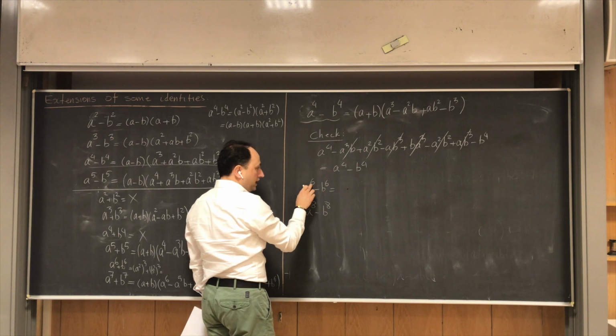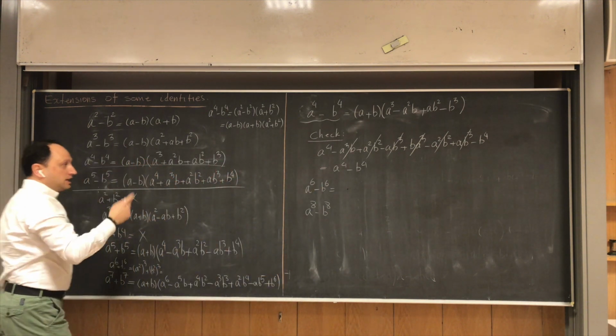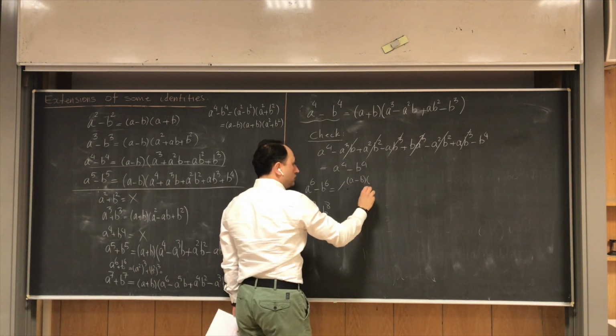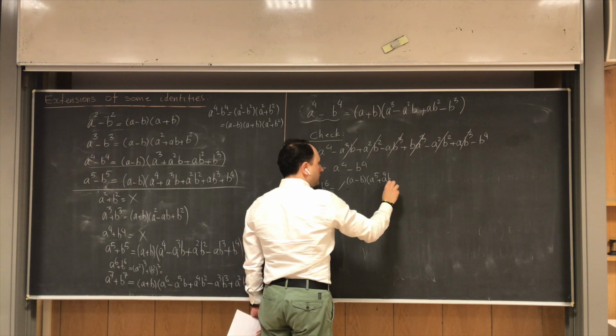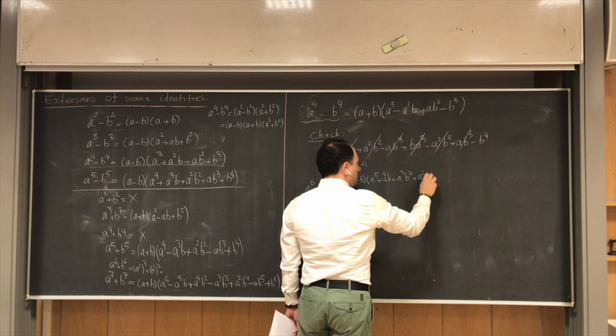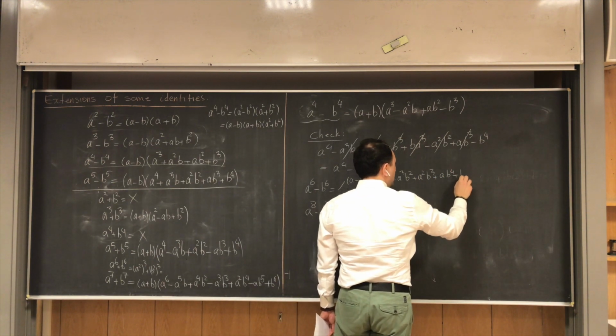If you want for a⁶ minus b⁶, you can use this pattern. Start with a minus b. Then what can you do? You can write a⁵ plus a⁴b plus a³b² plus a²b³ plus ab⁴ and finally b⁵.